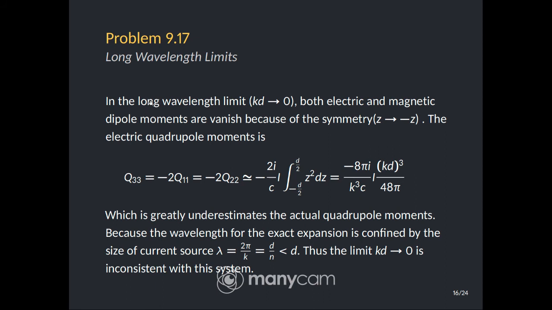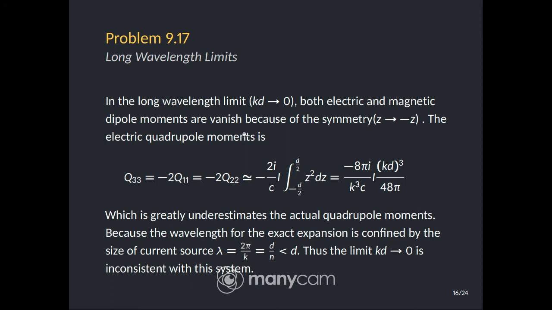In the long wavelength limit, which means kd goes to 0, both the electric and magnetic dipole moments vanish because of the same argument from the symmetry of z and minus z. We can exchange z to minus z, and the system is not changed. So the lowest non-vanishing multipole moment is the electric quadrupole moment.